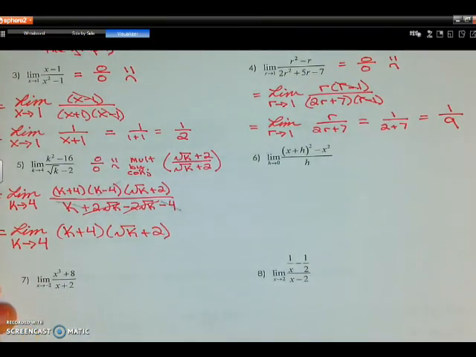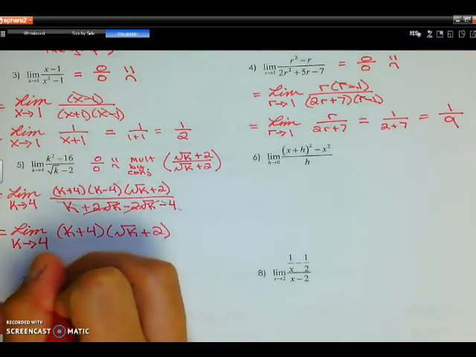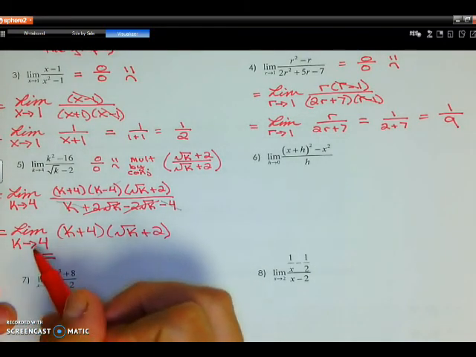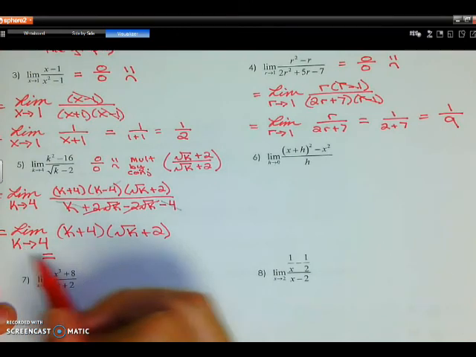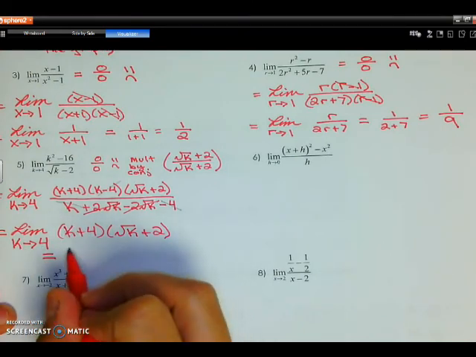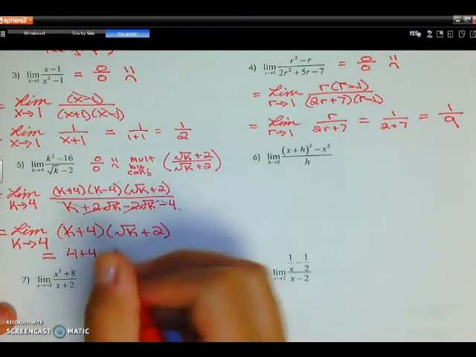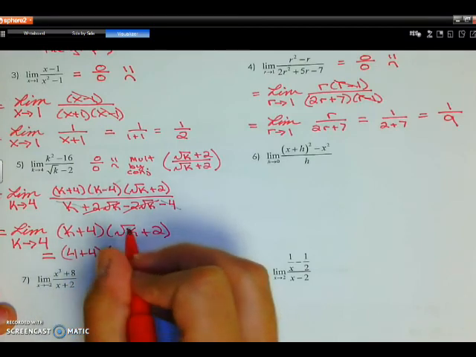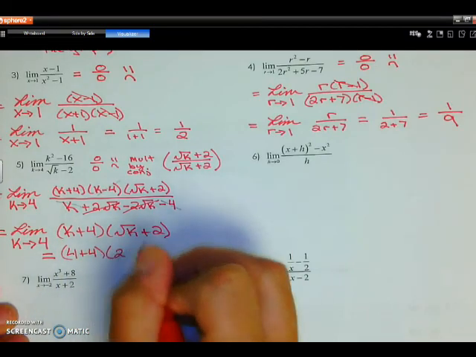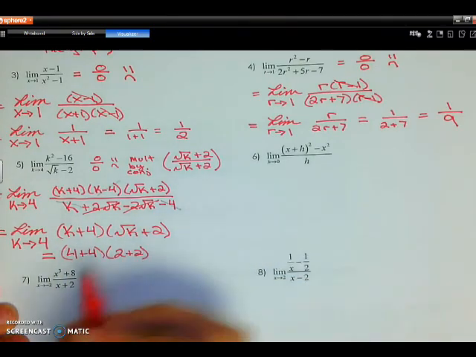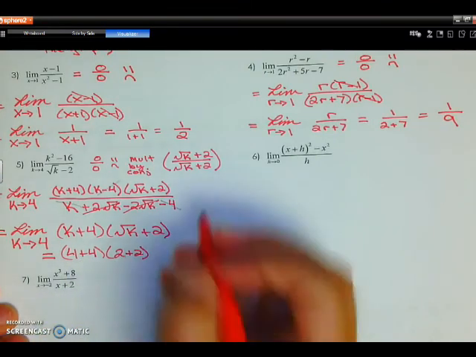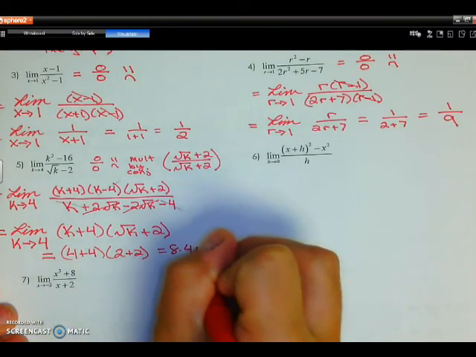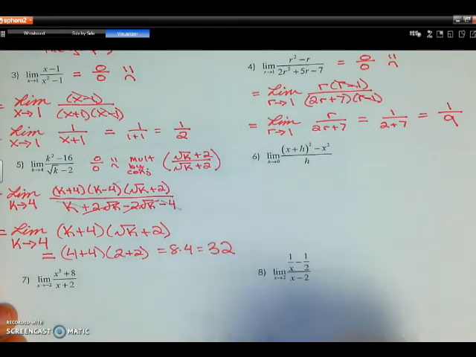Now I try to use direct substitution again. So this equals, and now I can drop the word limit because I'm actually plugging in k equals 4. So 4 plus 4 is 8, and then I have the square root of 4 is 2, plus 2. So that gives me 8 times 4, right? 8 times 4. So my final answer there is 32.